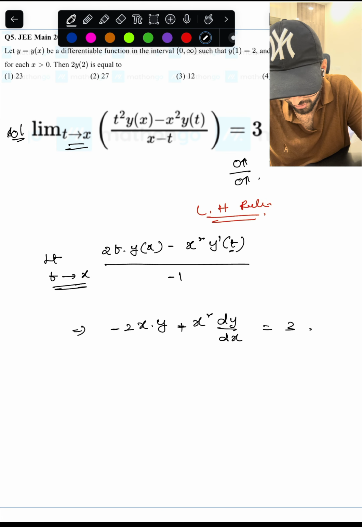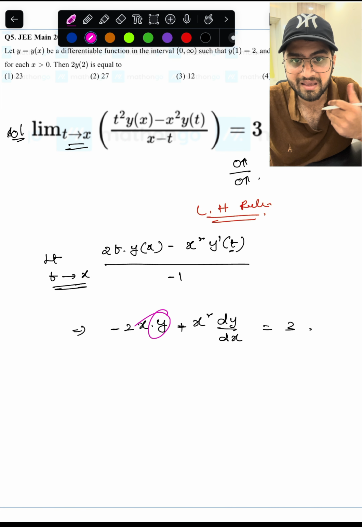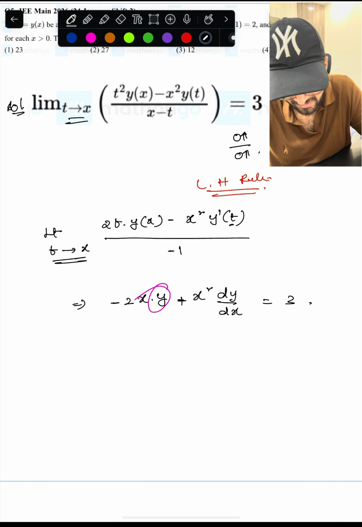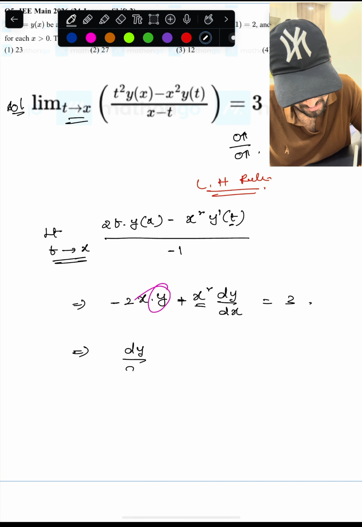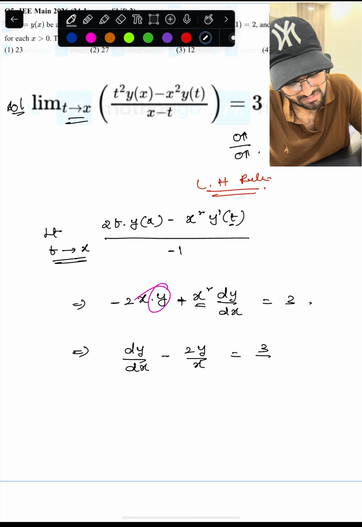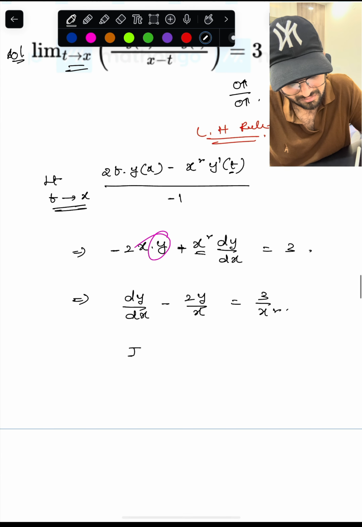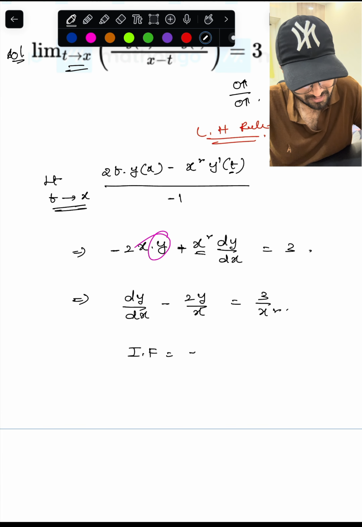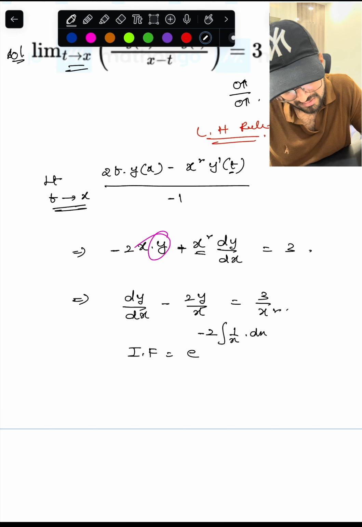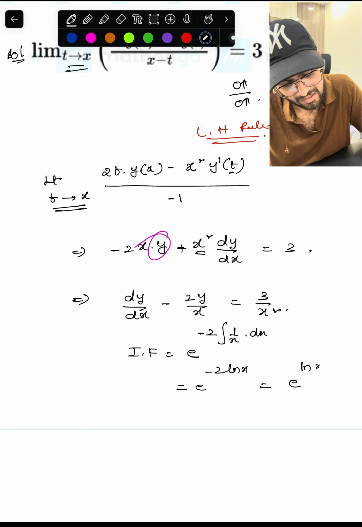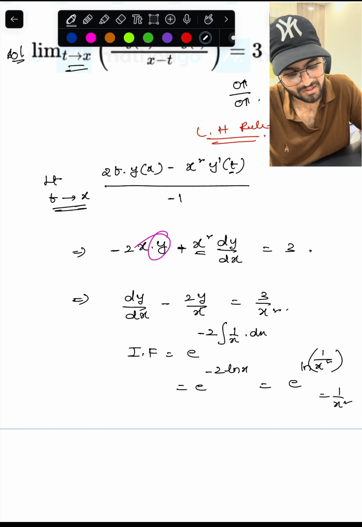So again you can spot y here, another jackpot, it's again a linear differential equation. So divide with x square on both sides, dy by dx minus 2y by x equals 3 by x square. Immediately, routine integration factor, e power minus 2 times integral of 1 by x dx, so e power minus 2 ln x, which is nothing but e power ln of 1 by x square, which is 1 by x square, right?